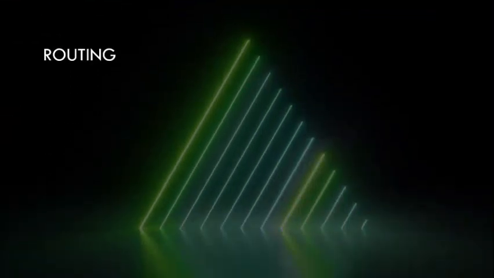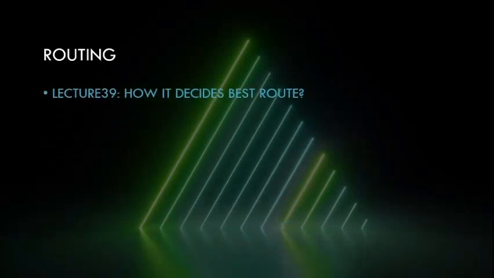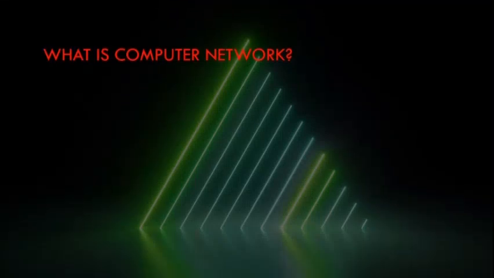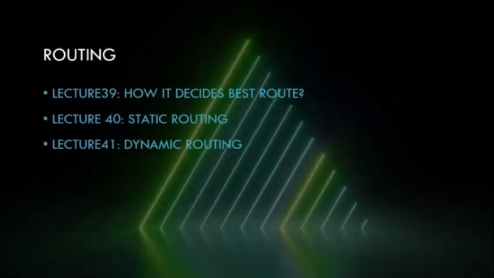We also discuss routing, what routing actually is, how it decides the best routes, and static and dynamic routing. This is the theory part, so don't get bored. I hope you enjoy this section.